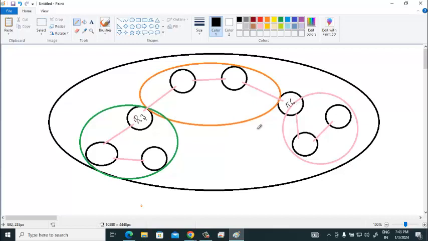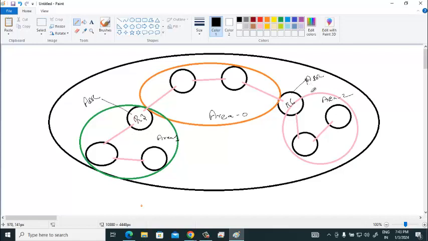This router 6 has one link in area 0, the other one in area 1. This way we call it an ABR, area border router. Likewise, this one also has one link in area 0, another one in area 2. So this is also an ABR.